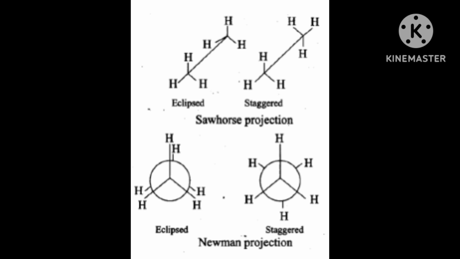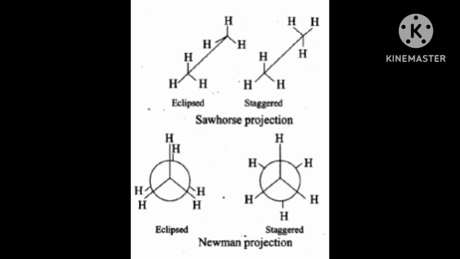I am just briefly covering nomenclature because this is the right place. Whenever you study any compound, you have to study its nomenclature, so that all things will be clear in your mind.